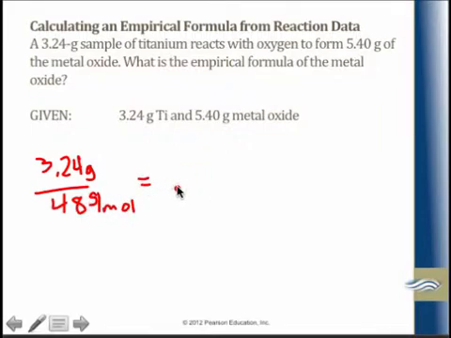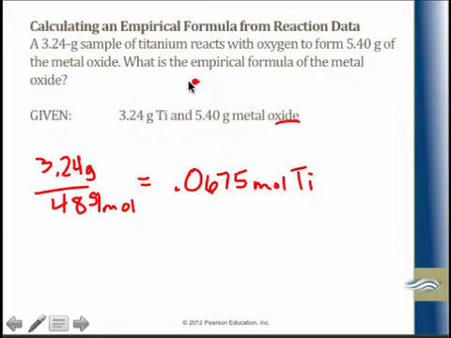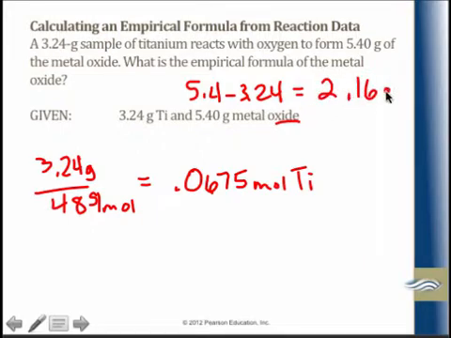So we can figure we have 0.0675 moles of titanium. The other thing in this compound is the oxygen. I don't quite have my oxygen grams. I need to subtract these two and figure out how many of the grams are due to oxygen, and you get 2.16 grams of oxygen.